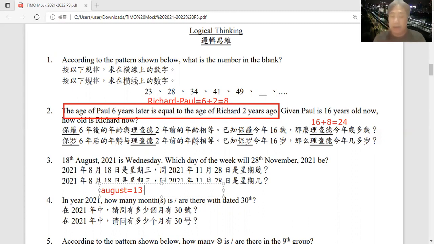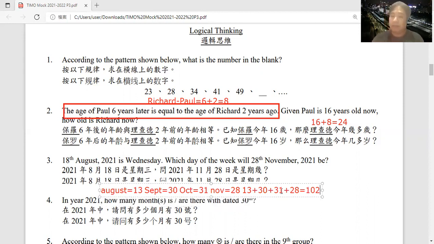September has 30 days, October 31 days, and November we have 28 days. Sum it all up, which is 13 + 30 + 31 + 28. That's 102 days.